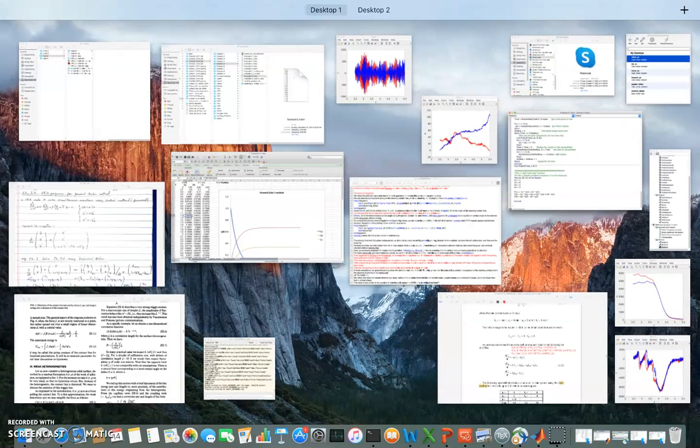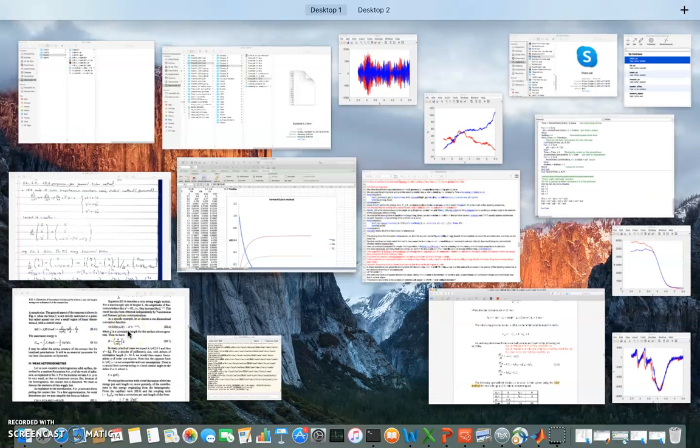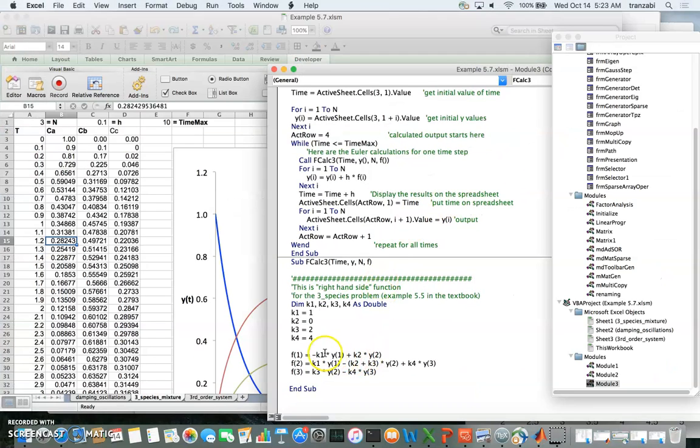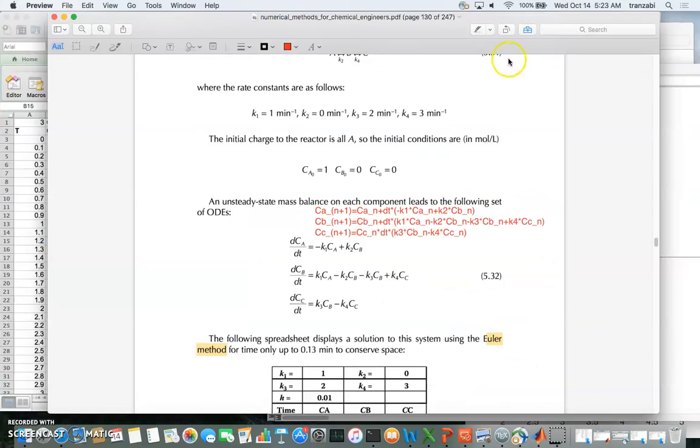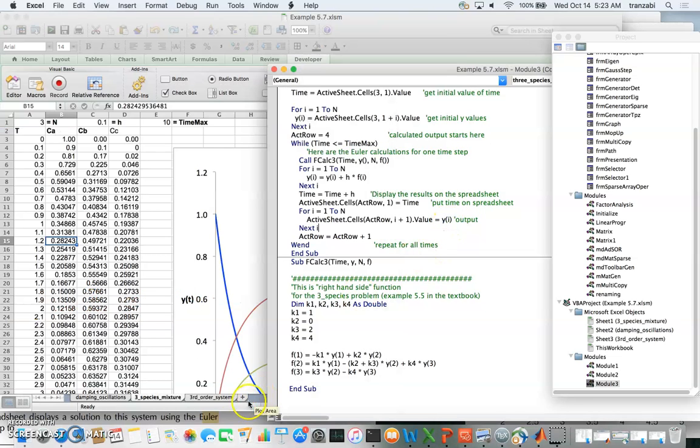So the right-hand sides of the equations are, well, this, this, and this, right? So these three are written here. So minus k1 times CA, and here's the script.